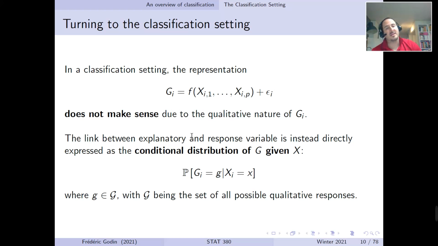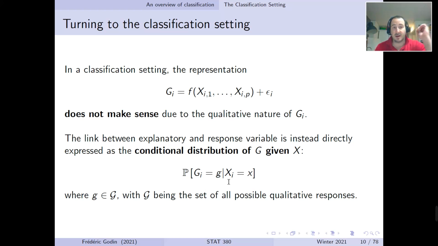Instead, the link between the response and the predictors will be characterized by a function of this type, which is the conditional probability of being in the various respective classes once you set the predictors. Typically what we're interested in knowing is, for a given value of the predictors, what is the probability that the response is in a class G for all the possible G's.